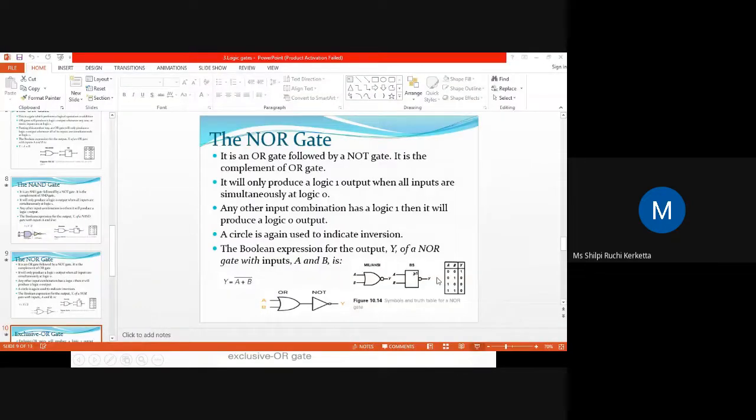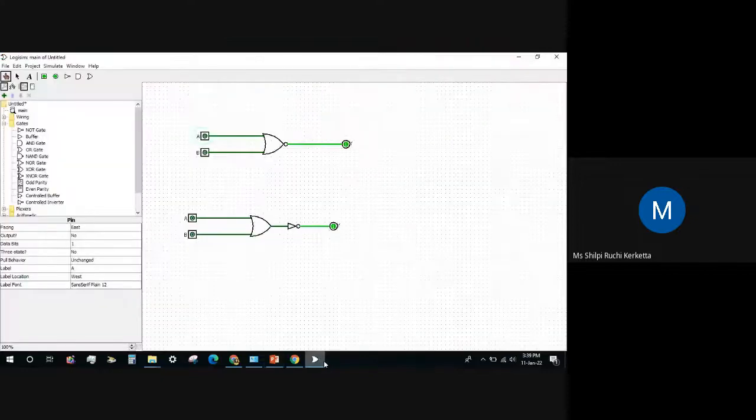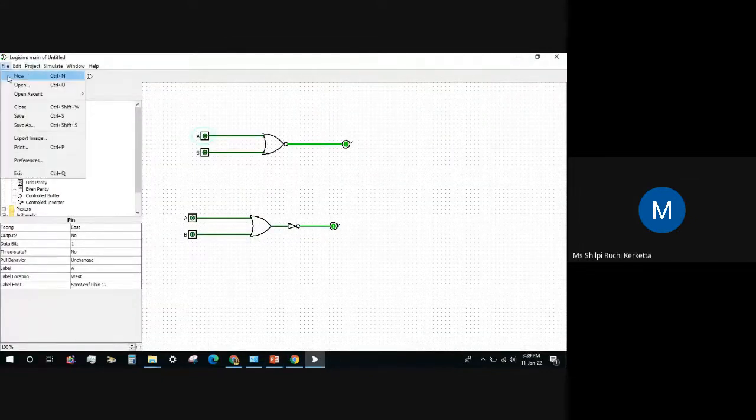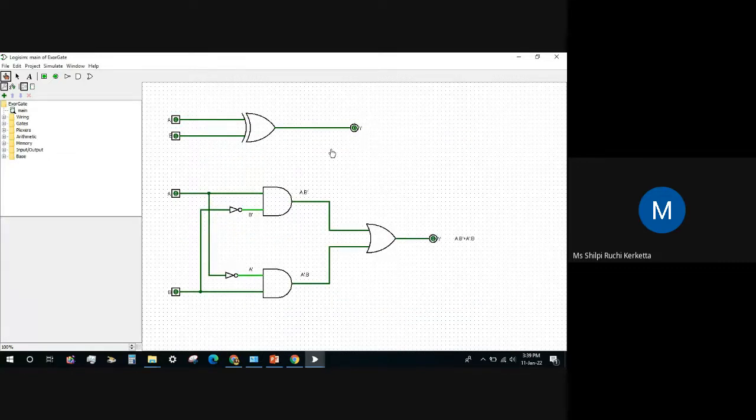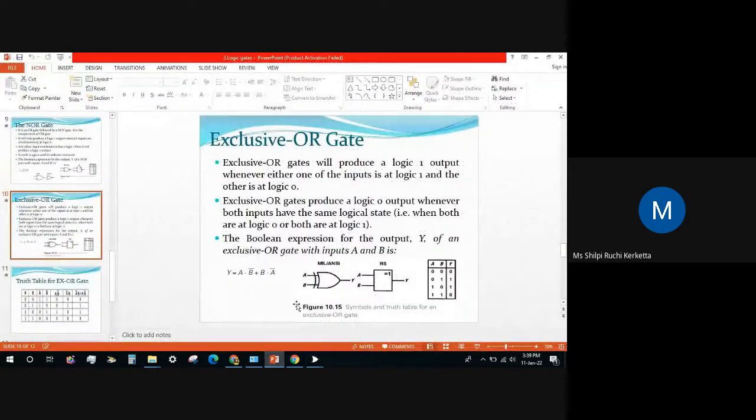This we will do in Logisim. So this is the XOR gate, and this is a combination I made through this expression.